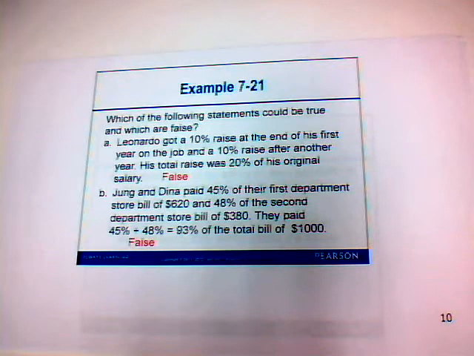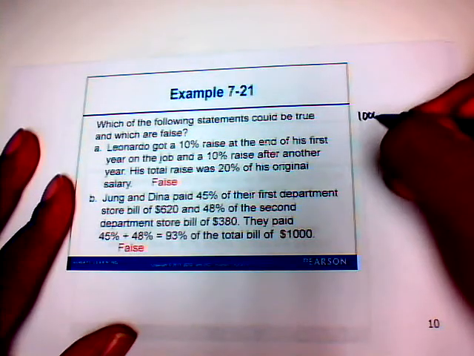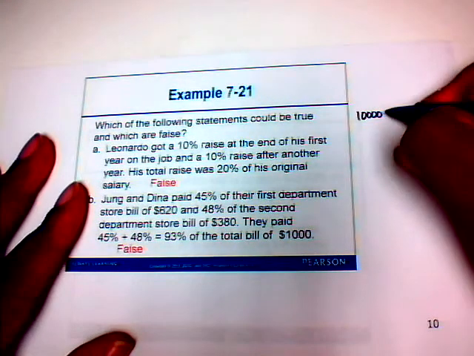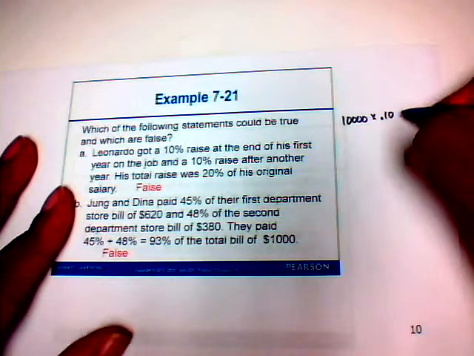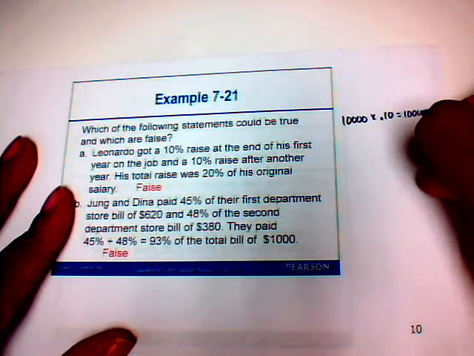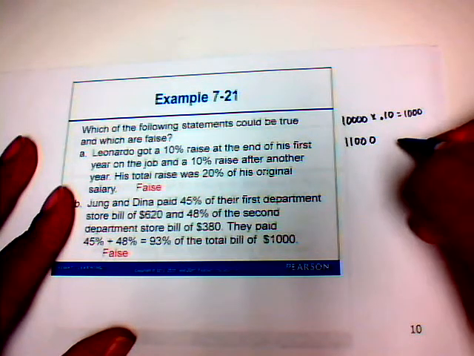And you can come up with counterexamples that would say that this will be false here. Because let's say $10,000 a year, he got 10% of that. That's $1,000. So that means he has an $11,000 salary.